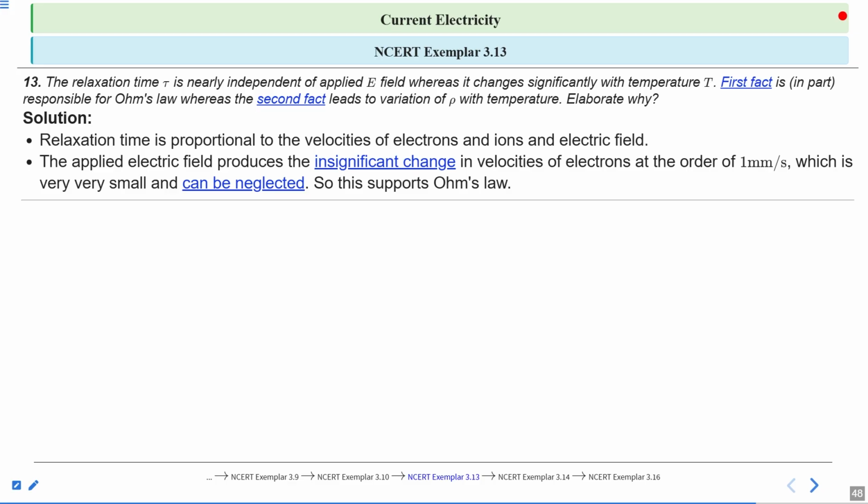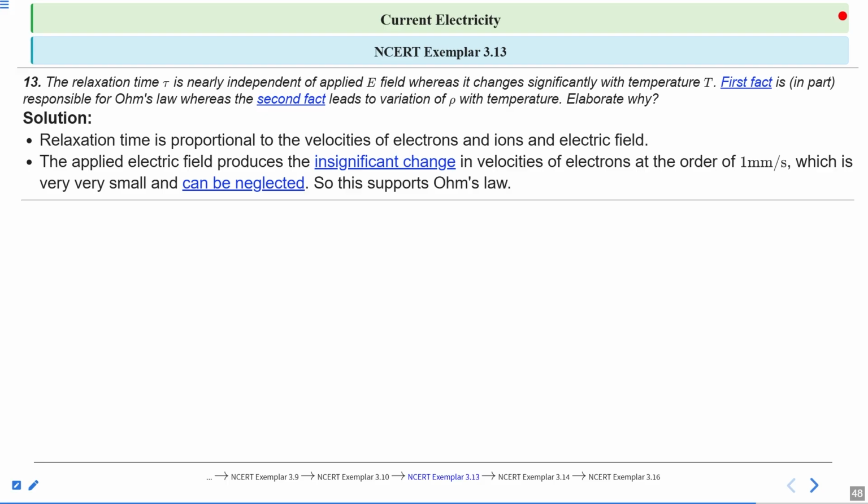If we apply a high amount of electric field also, the change in the drift velocity will be insignificant, which is of the order of 1 millimeter per second, which is very small and can be neglected.